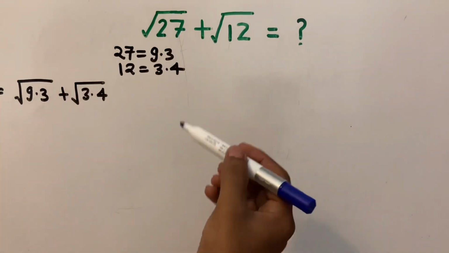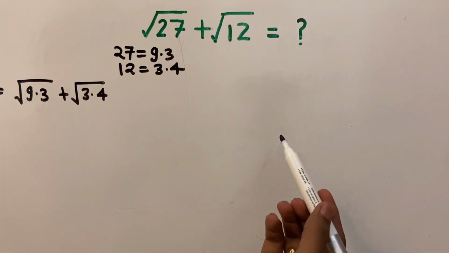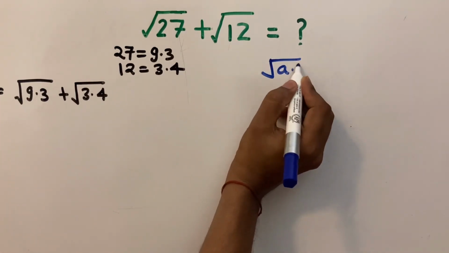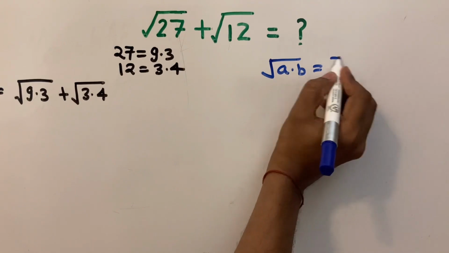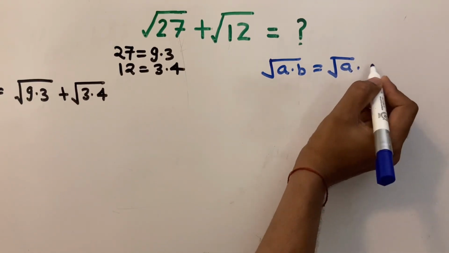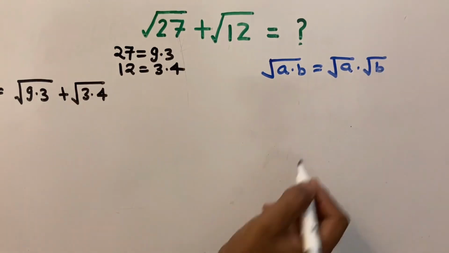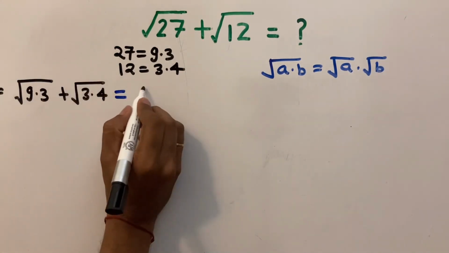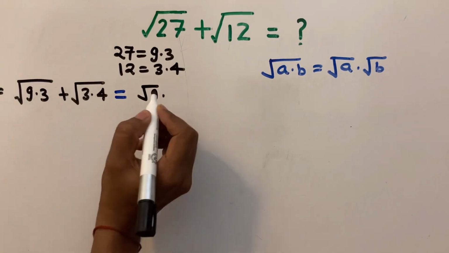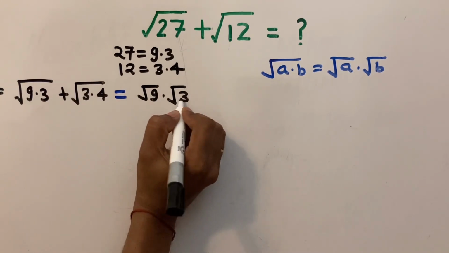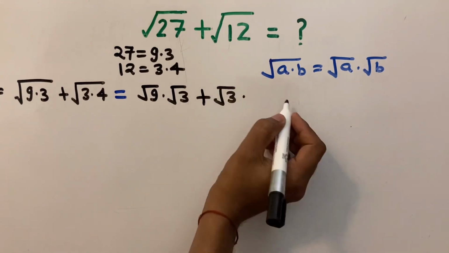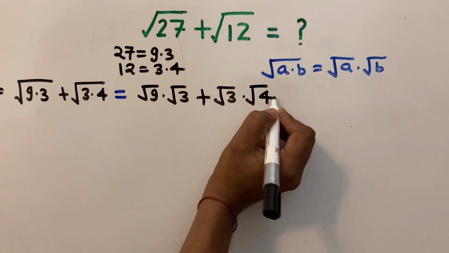As we know, a very important property of square root, that is square root of a multiply b is also equal to square root of a multiply square root of b. So this expression simplifies to square root of 9 multiply square root of 3 plus square root of 3 multiply square root of 4.